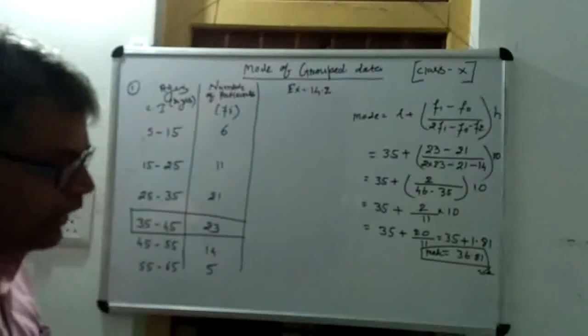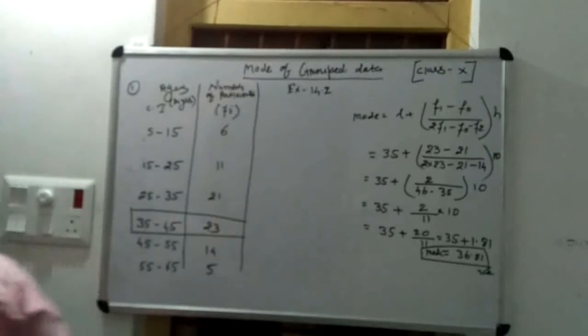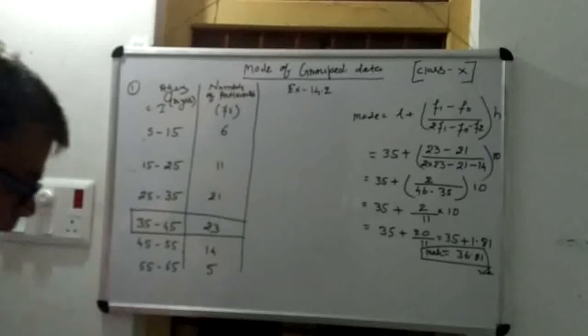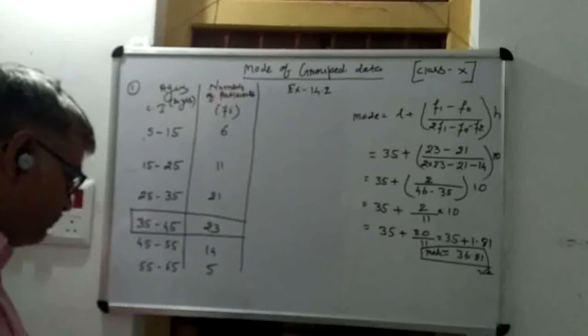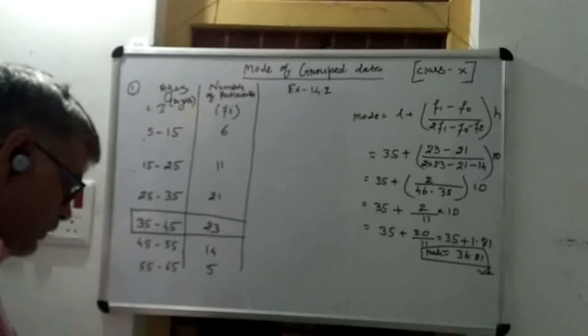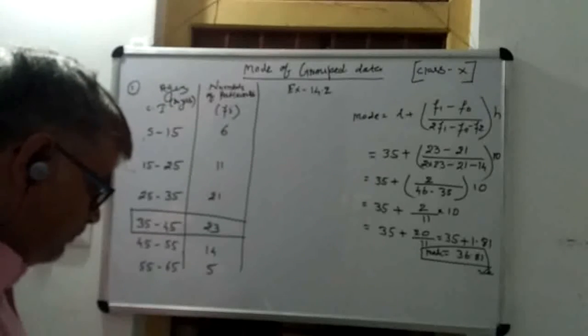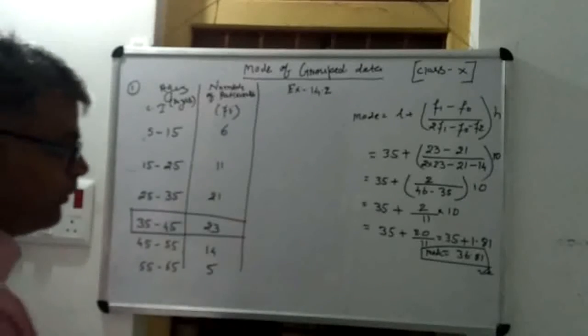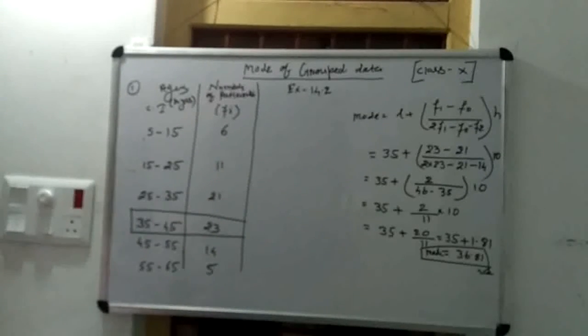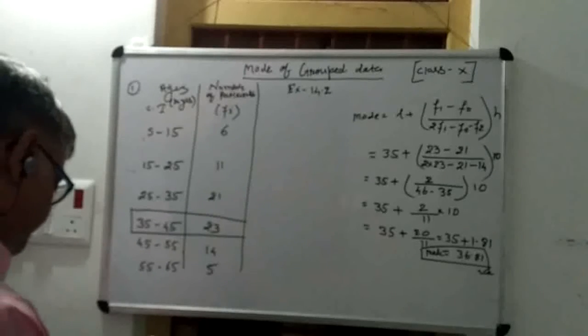The mode will be 36.81. This is the mode for this data, 36.8 years. Now similarly, you need to calculate its mean also.